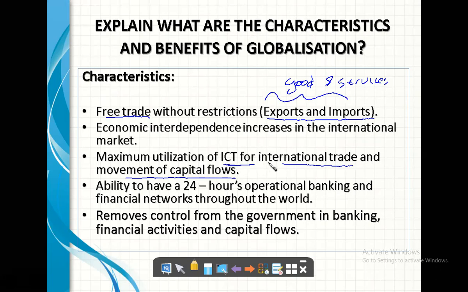Anyone know this? Are you all there? Yes. Okay, through online trading and all that. So how are capital flows involved in globalization or in the utilization of ICT by capital flows?